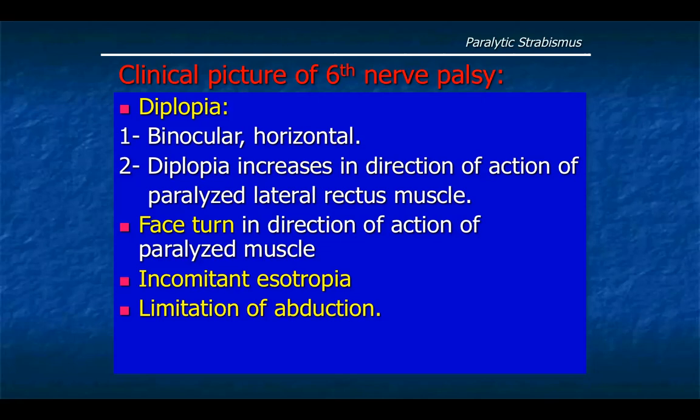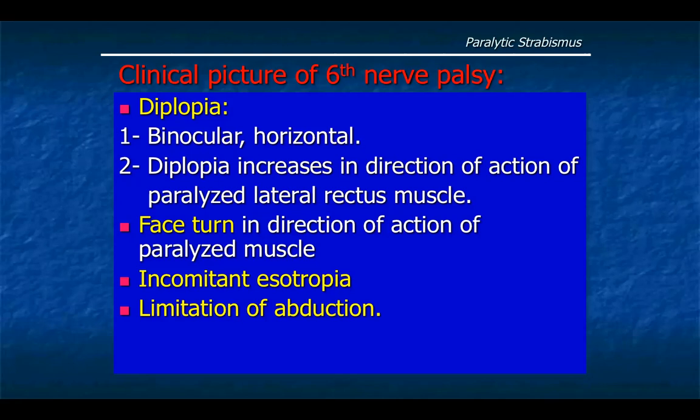As the sixth nerve supplies the lateral rectus, which produces only abduction, just one horizontal action, the diplopia is horizontal. The 2 images are seen next to each other, not above each other. So the diplopia is binocular and horizontal.